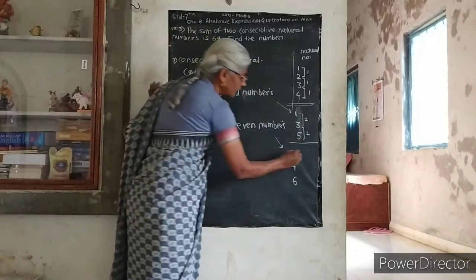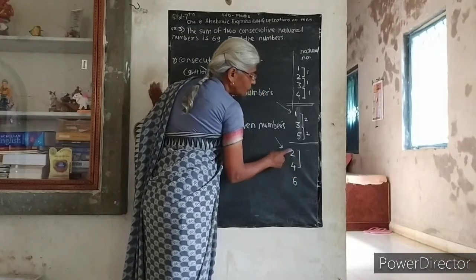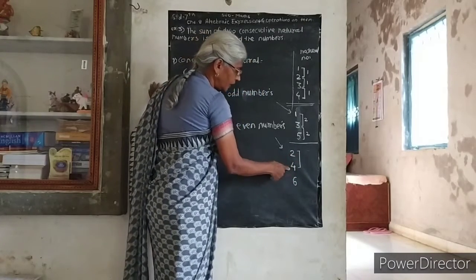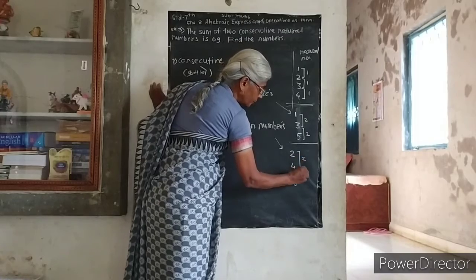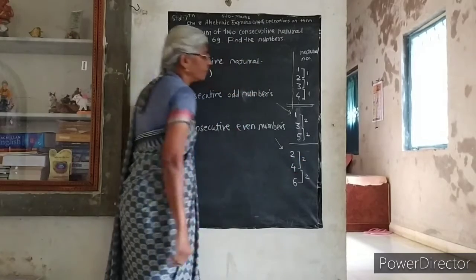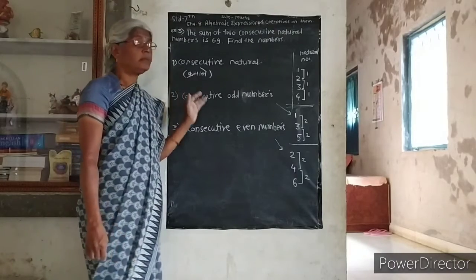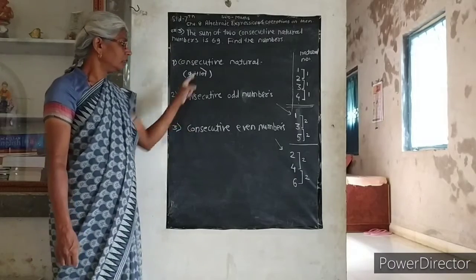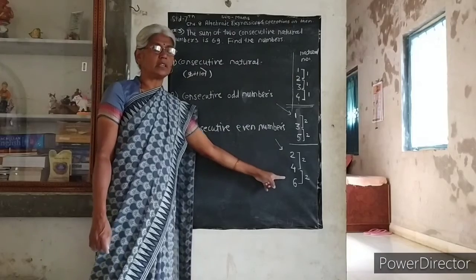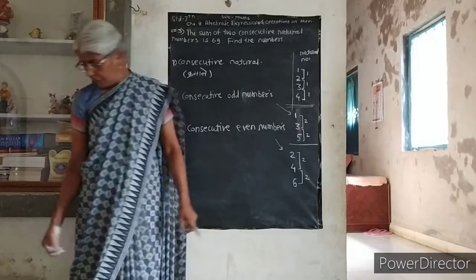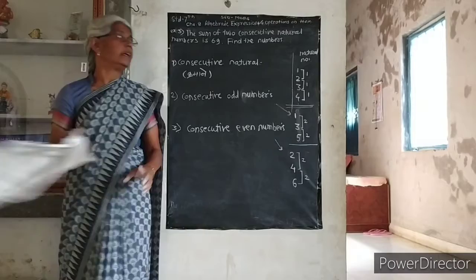Then observe again, the difference between two consecutive even numbers is 2. To form an equation, this information is necessary. Then we solve the example.